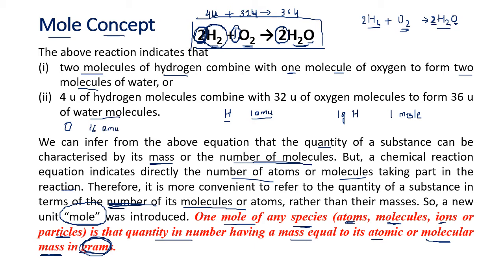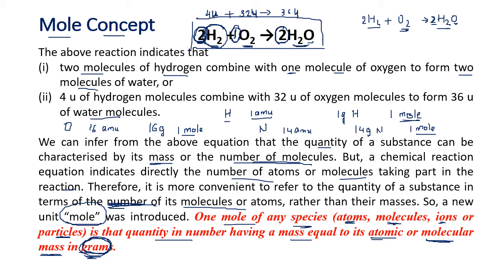So if I take 16 grams of oxygen, I will have 1 mole of oxygen atoms. We saw nitrogen. Nitrogen has the atomic mass 14 AMU. So if I take 14 grams of nitrogen, the number of atoms will be 1 mole. So when you change the atomic mass into grams, the number of atoms or molecules becomes 1 mole.